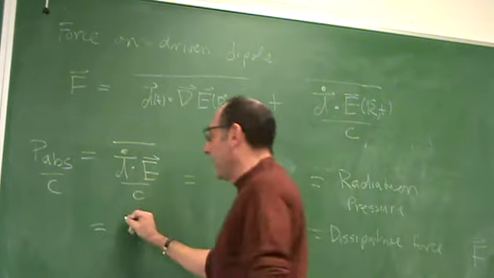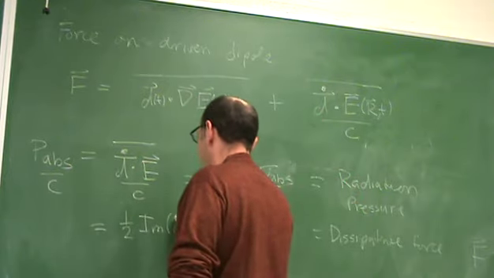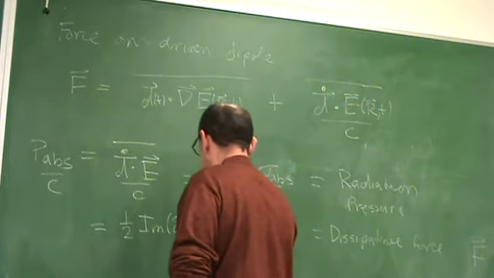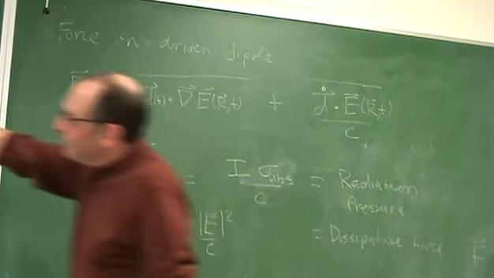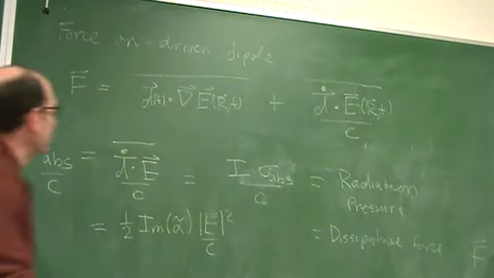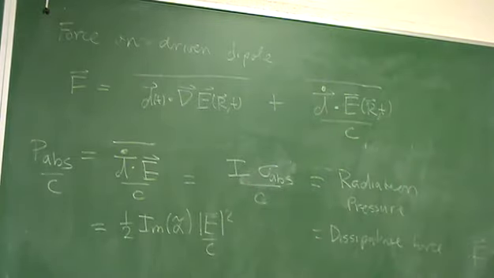So this is related to one half the imaginary part of the polarizability over c. The reactive force depended on the real part of the polarizability. The dissipative force depends on the imaginary part of the polarizability. And it is what we call radiation pressure.